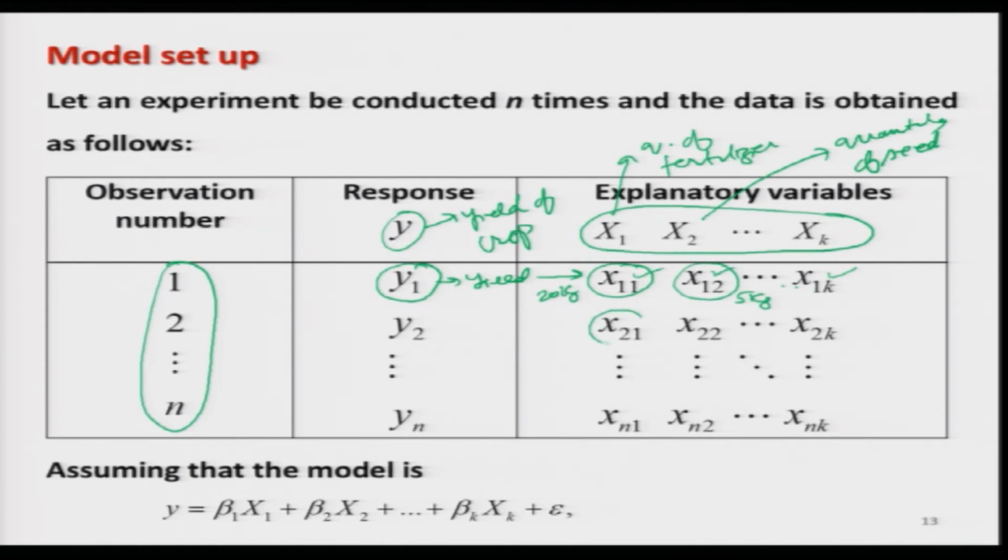For example, you repeat the experiment with, say, 30 kg of fertilizer, 7 kg of seeds, and another value of xk, and you conduct your experiment, and after some time you obtain the yield of the crop, y2. Similarly you can repeat this experiment a number of times. So, now you have this type of data.